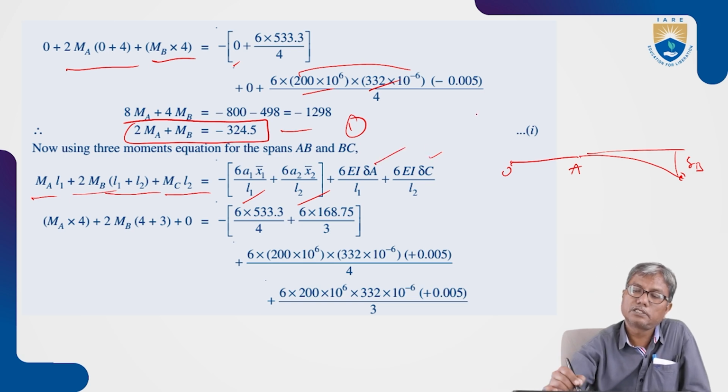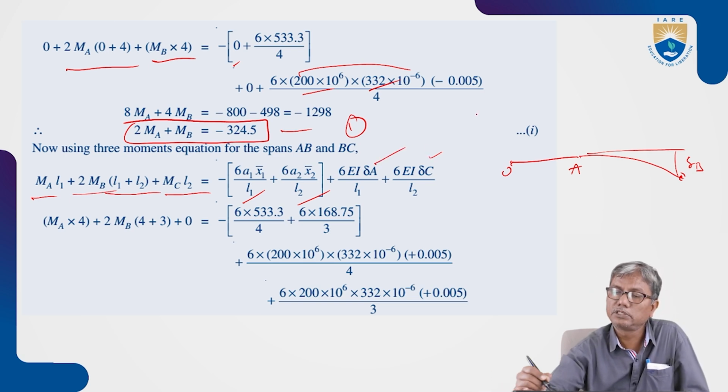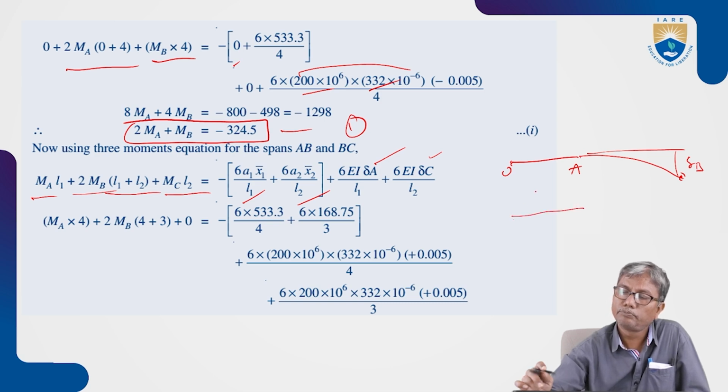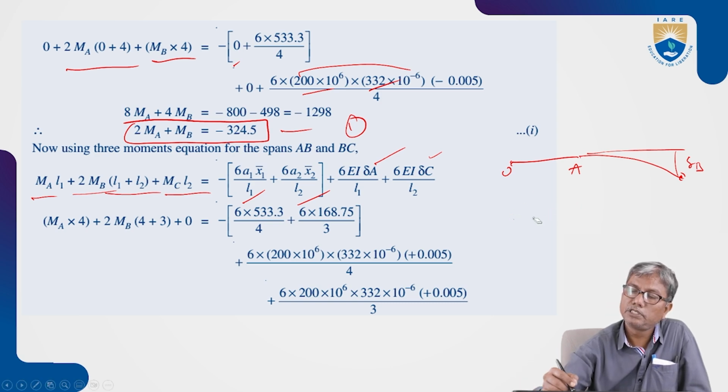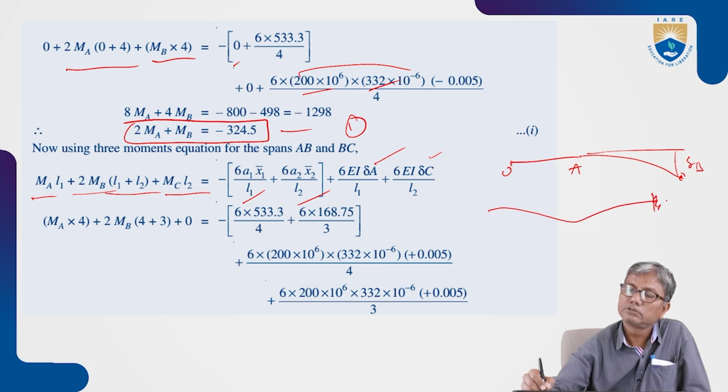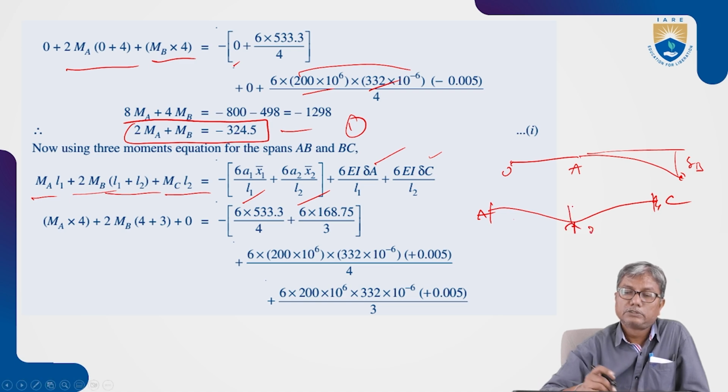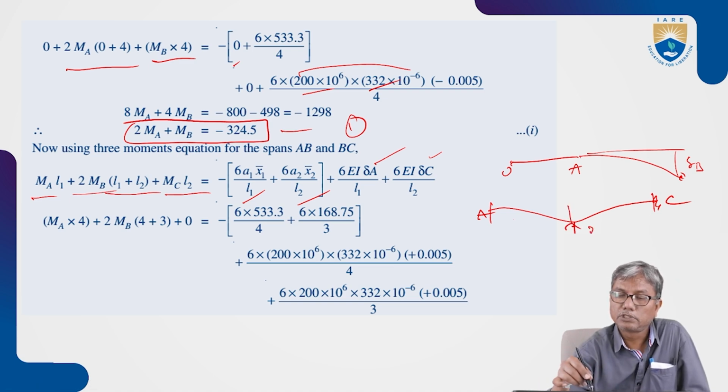Here delta A and delta C are positive because they are above common support B, because B is moving down. Okay, so C and A are above B. Okay, so both delta A and delta C are equal to plus 0.005.